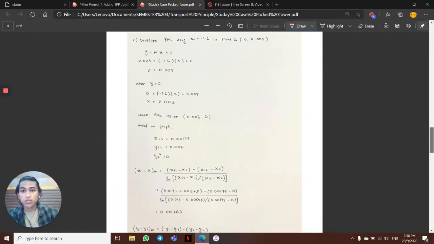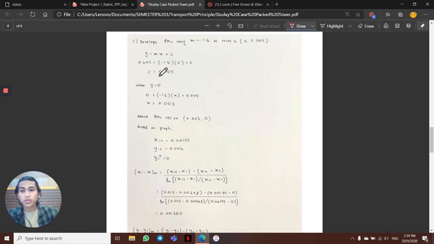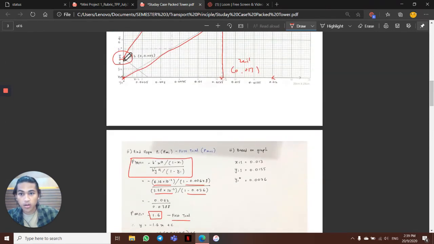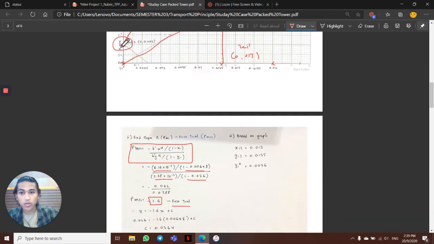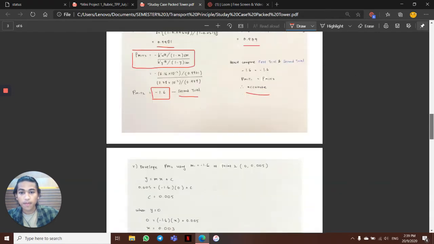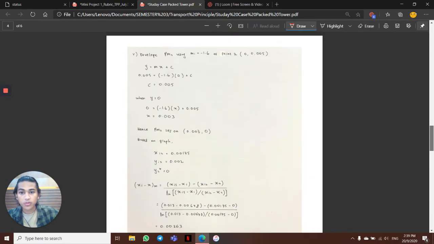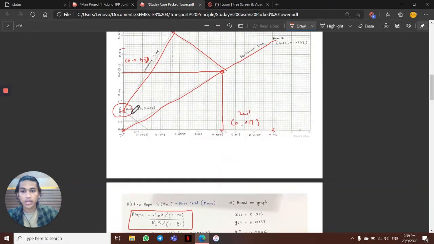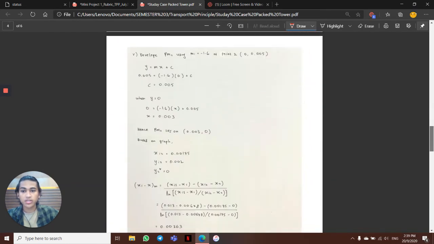Okay, so we'll just insert in the formula y = mx + c, and we will get c is 0.005, and we will mark the point. The point will start here, and then to find the intercept at the x-axis, we have to put y as 0 to get the value of x.